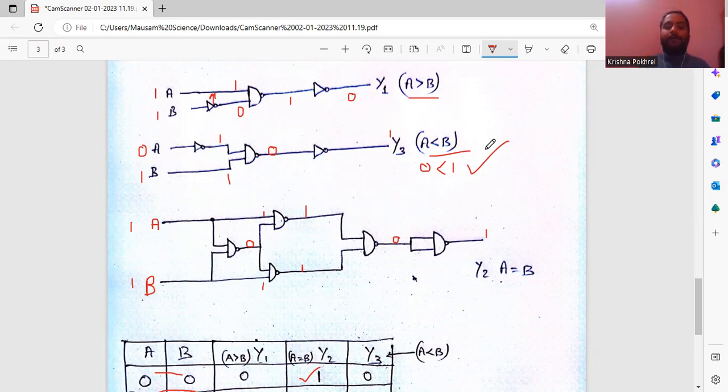Then what happens if we combine these three in the same thing? I want to combine these three things in a single experiment.